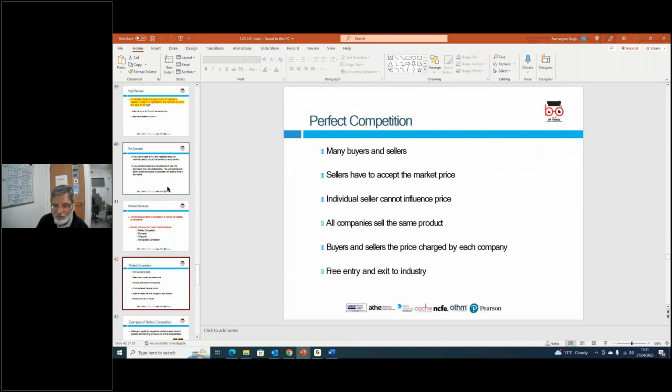There's no restrictions, right? There's a variety of products, and the price is very homogeneous, with very little variation between the prices. So the perfect knowledge there.